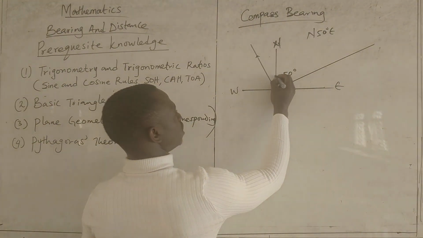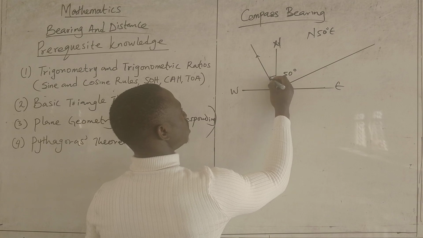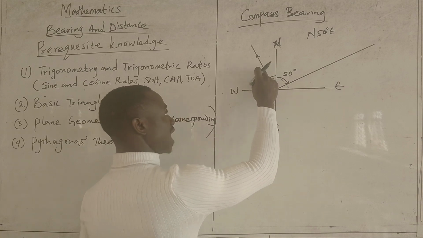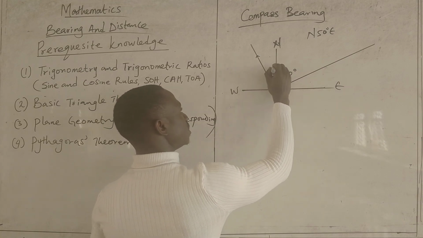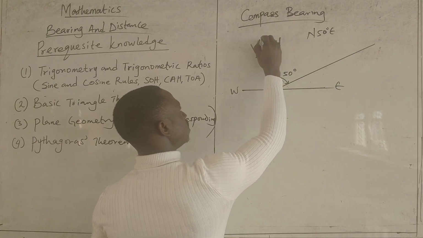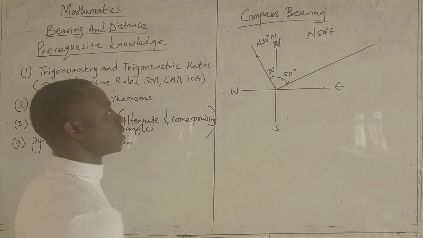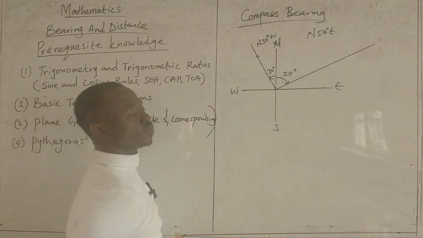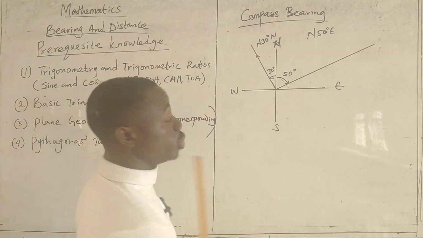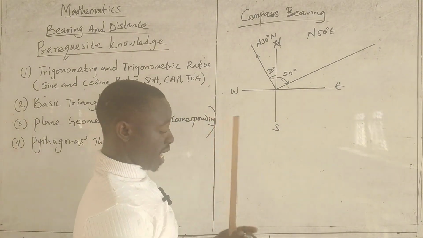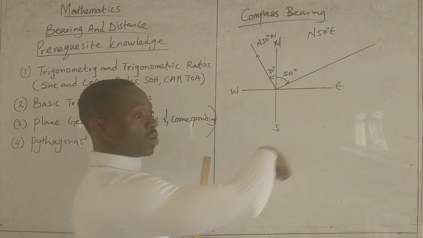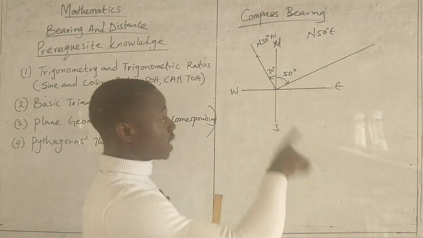Then you now put your angle between north and that line, not between the line and the west. So this is your 30 degrees west of north. So this angle here, from here to here. So this time around, you may not follow my direction of moving clockwise.